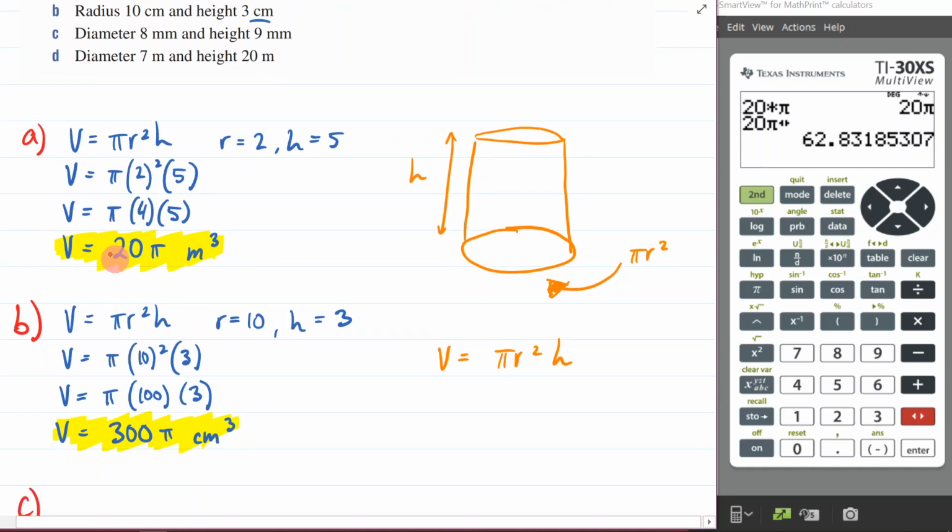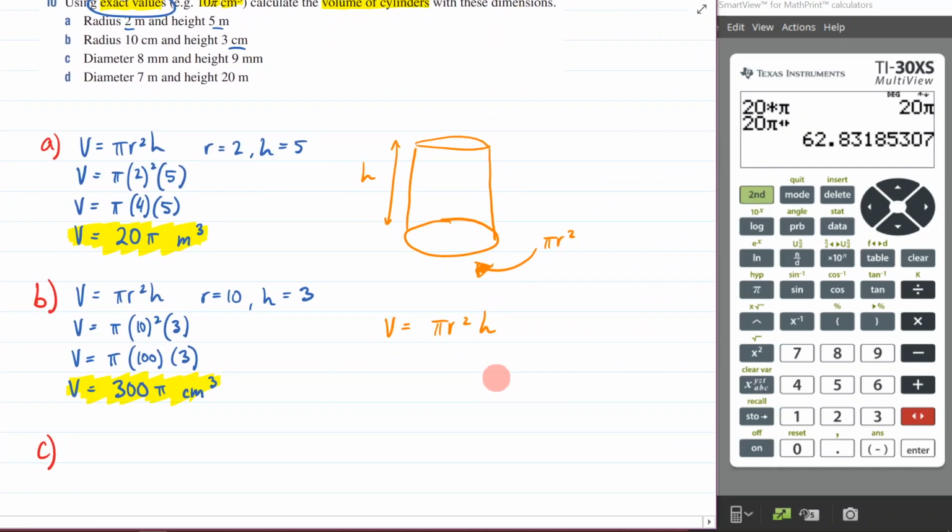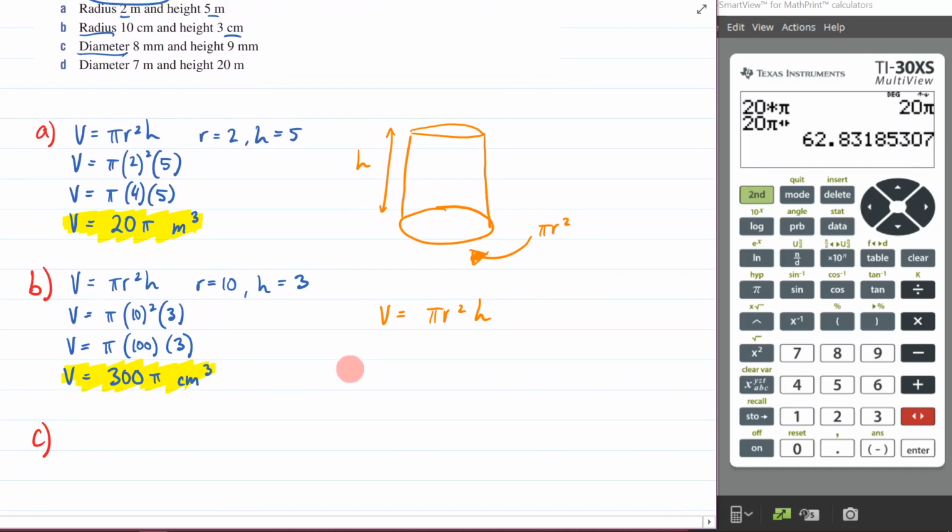Okay, now we come to C. Let me zoom out a little bit and look here. All right, this time it says diameter, not radius. So you have to be aware of that. Don't just dive into this question; making sure you're reading each question is really important. So my volume is equal to pi r squared h, but my radius this time is going to be 8 divided by 2 because I have to halve it. Now that's going to be 4.